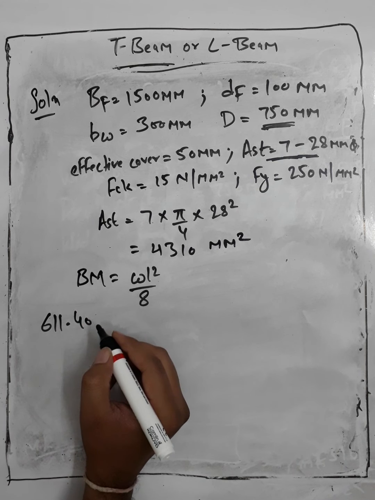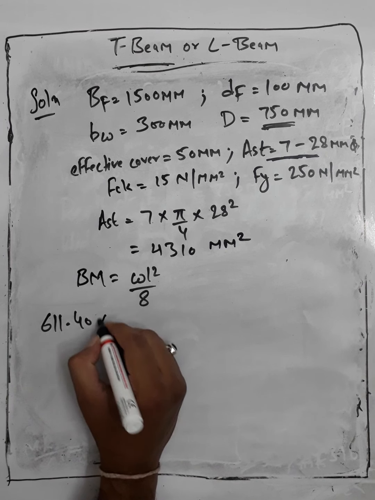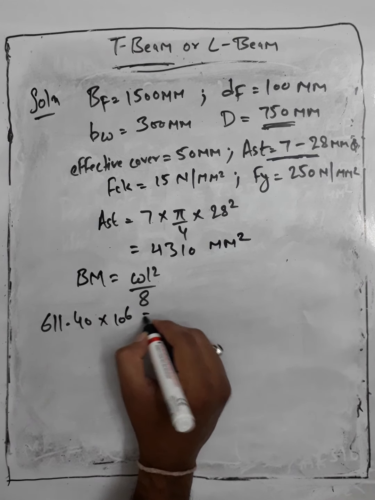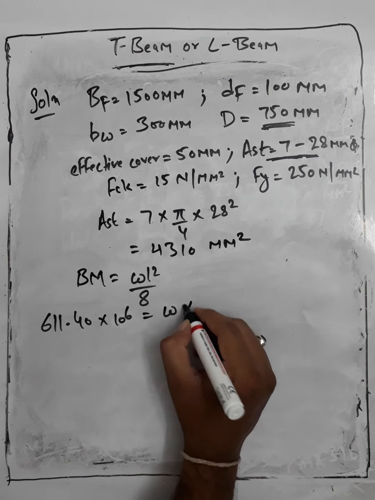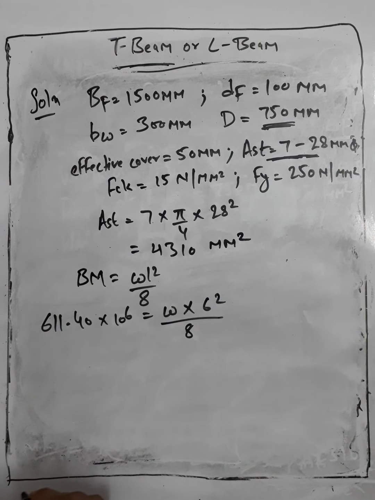This is in kilonewton meter, so we have to convert into Newton mm. So we have to multiply here with 10 raised to the power 6. Here W we have to find. We have given 6 meter span.